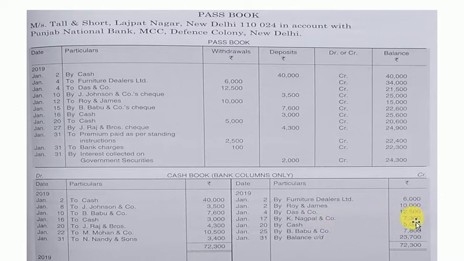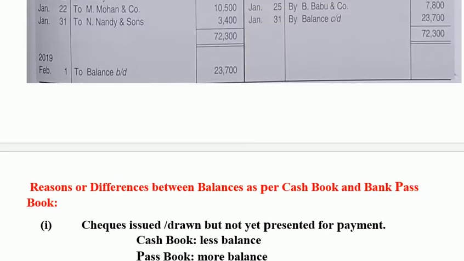But this is not appearing in the withdrawal column till January 31st. There is no amount of 7,300 with the name K Nagpal and Company in that particular column. This is what is called a check issued by the business, not yet presented for payment by the party, and this will cause a major difference in the balance as per cash book and passbook.